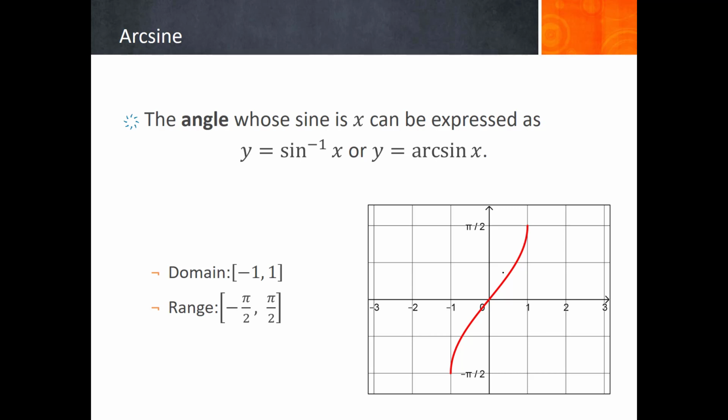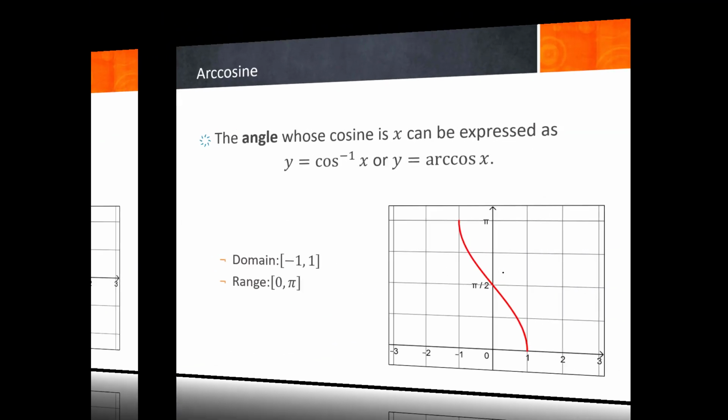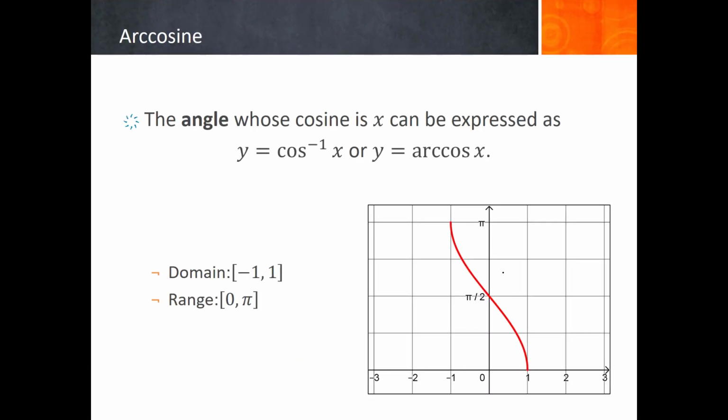Okay, we're not going to go into all the details, but we could follow the same restriction process as we did for cosine, but you can go back and just rewatch it for sine if you want. It's the same basic thing, just a little different. So when we define arc cosine as a function, we define arc cosine as the angle whose cosine is x. And again, our expression is y equals the inverse cosine of x, or y equals arc cosine of x.